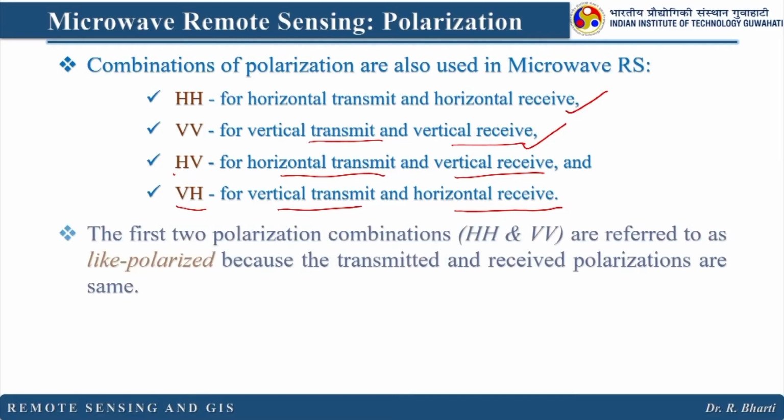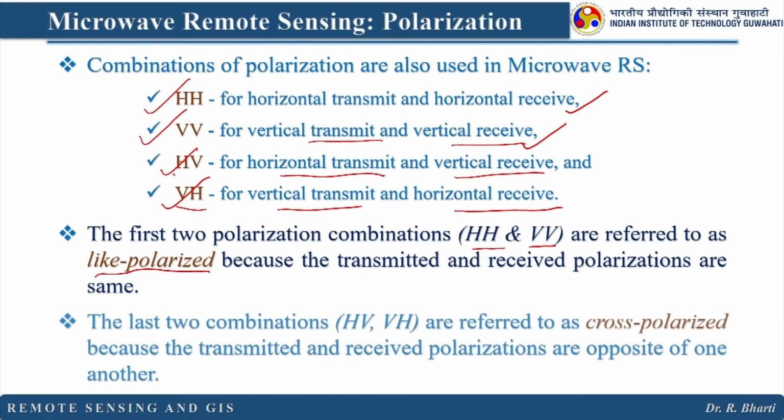Among these four, the first two, HH and VV, are known as like polarized because both are in the same polarization domain. The first one, HH, is horizontal horizontal, and the other is vertical vertical, so they are like each other. But the next two are different from each other, and they are known as cross polarized.